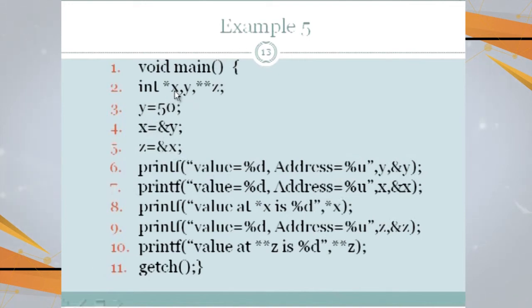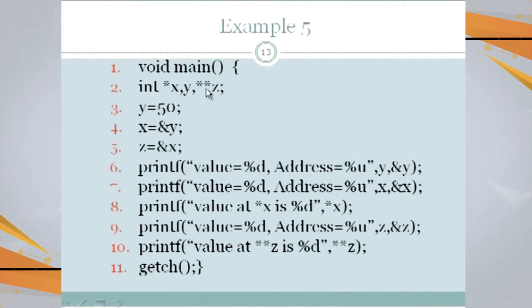that we have declared a pointer variable *x, and you see that x is declared with a simple * operator. This is called a single pointer variable or a simple pointer variable. Then there is a simple variable y. This is a variable of integer data type.